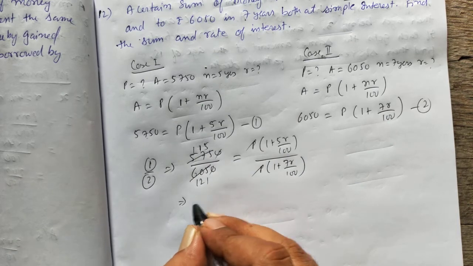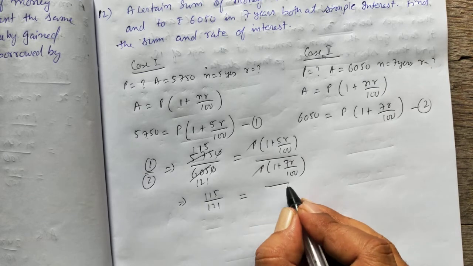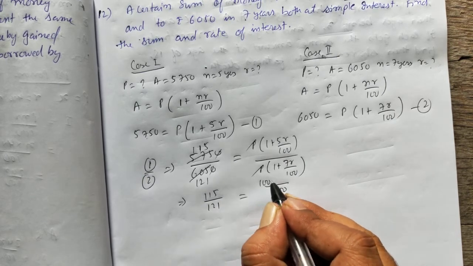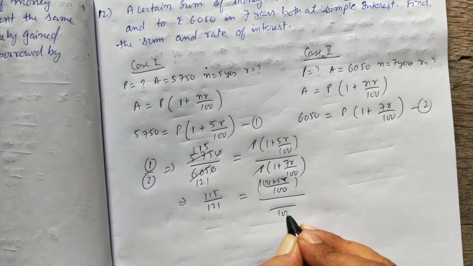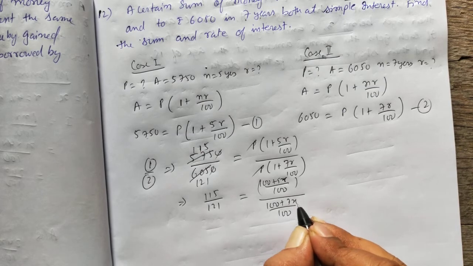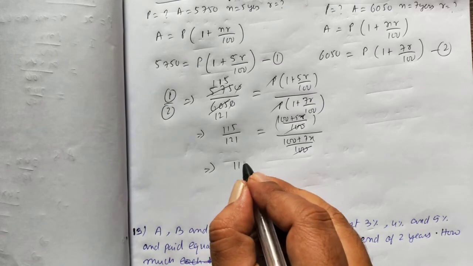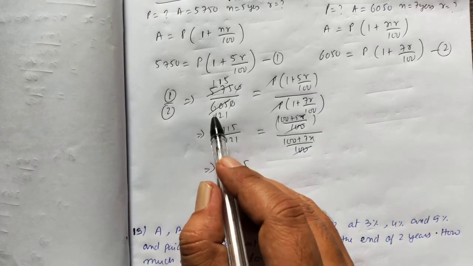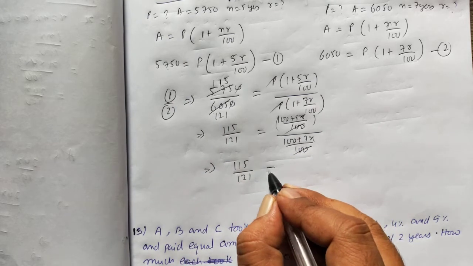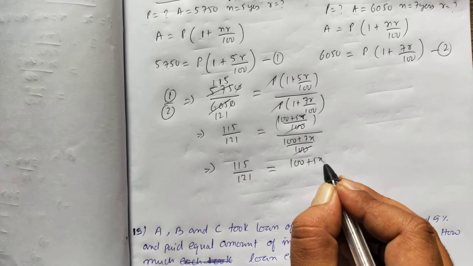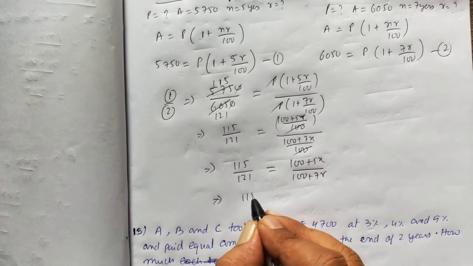So we can't cancel anymore. 115 by 121 equal to, take the LCM here, 100 plus 5R. Downside also LCM is 100 plus 7R. So we can cancel this. 115 by 121, 5 1 times 5, 10, and here is 100 plus 5R by 100 plus 7R. Cross multiply and solve it.